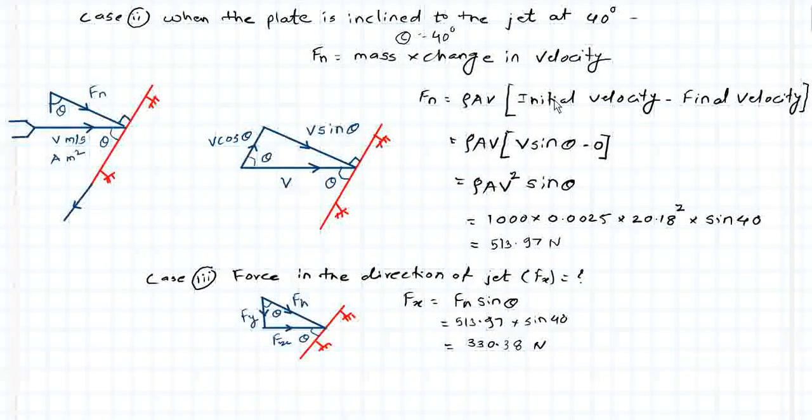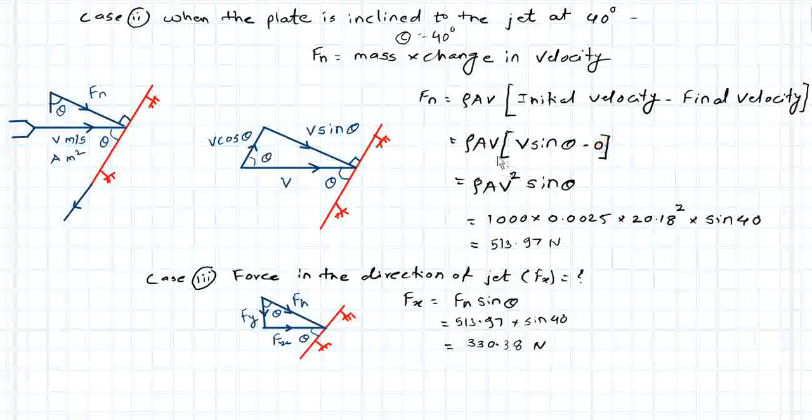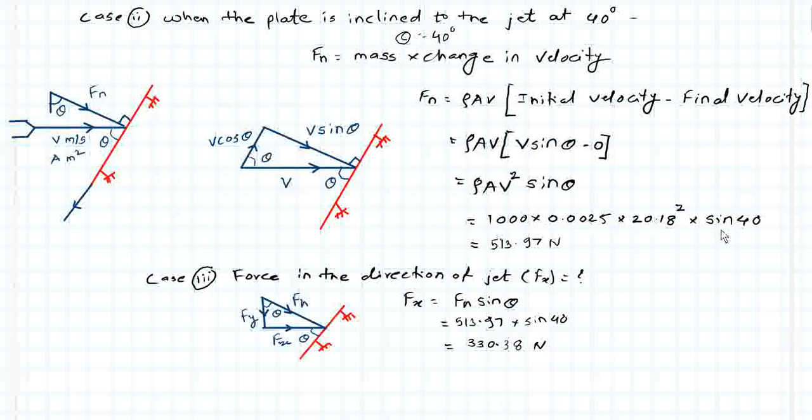So we can say initial velocity is v sin theta. Final velocity is the velocity of the jet after striking the plate. So at this instant, the velocity of the jet is 0. So we can say final velocity is 0. So we get rho a v square sin theta. After putting the respective values, we get the value of force exerted in the normal direction.